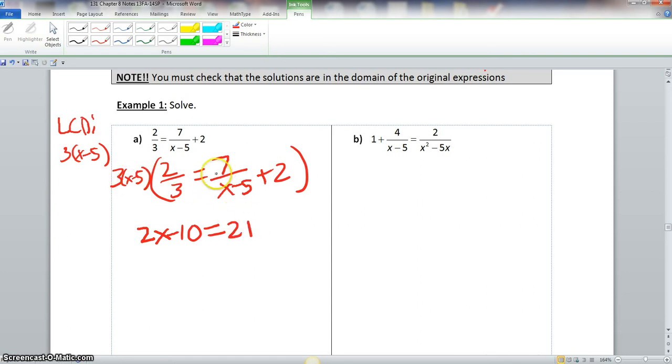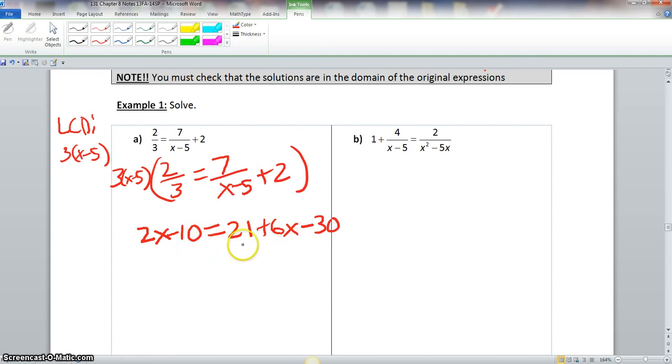And finally, we would take 3 times x minus 5 times 2. Multiplying 2 times 3 gives us 6, so 6 times x is 6x, and 6 times a negative 5 will give us a minus 30. Now if you notice, we don't have any more denominators here, so we just have a straight equation.